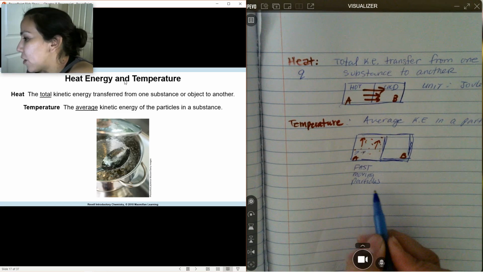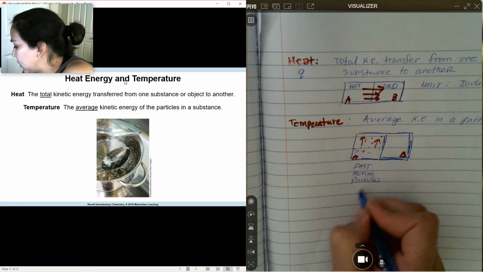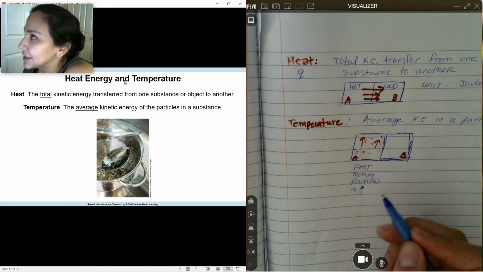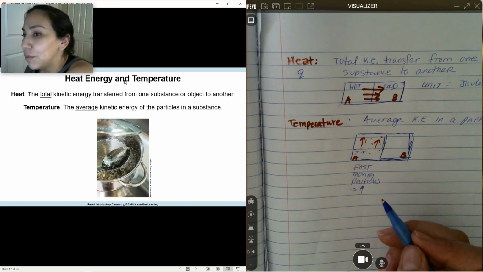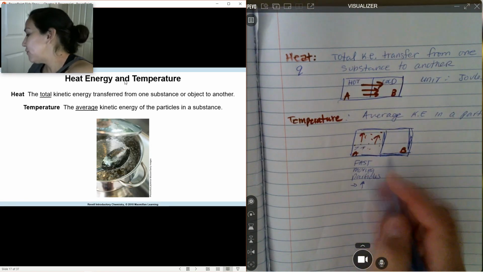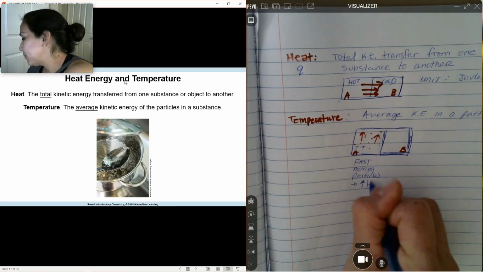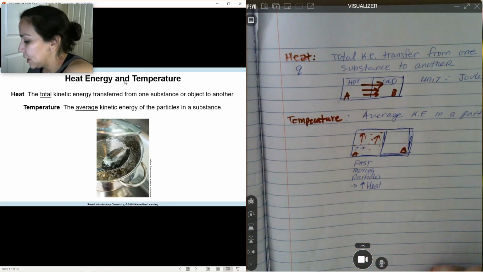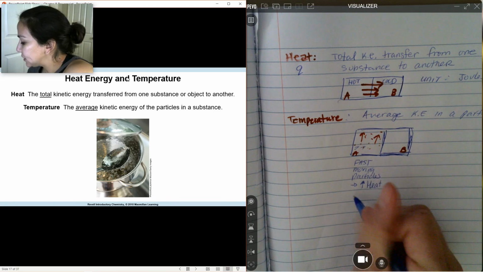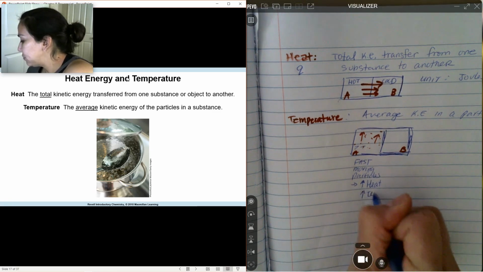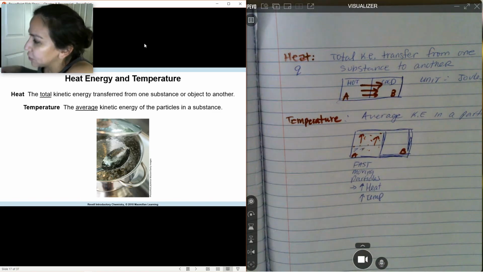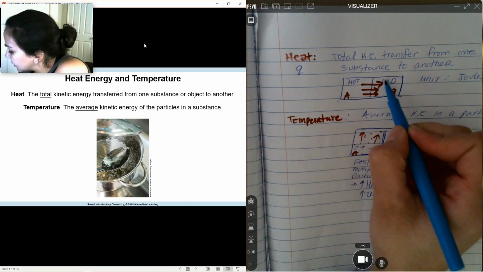The more heat you apply to something, the faster your particles are going to move. So therefore, these are moving faster. That's because they have more heat. Okay? So speed increases when you heat it, and so does the temperature. Yet B is going to be a little bit different because we said that B is cold.